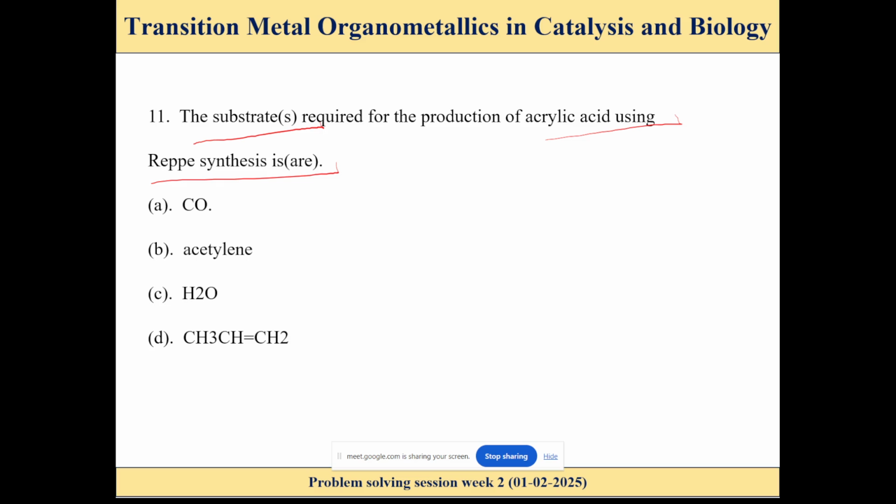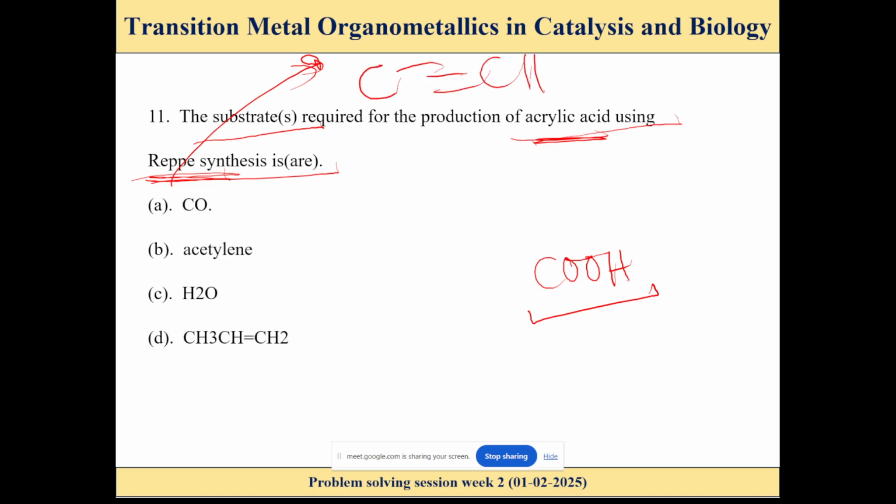It is saying acrylic acid, that means a carboxylic acid group should be there, and it is saying Reppe synthesis. So from the name of Reppe, we already have acetylene. So acetylene will be one of the answers for this question.